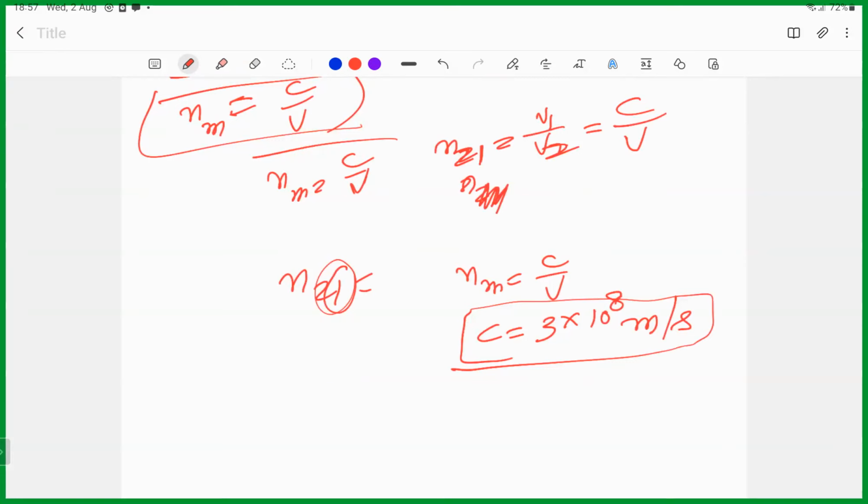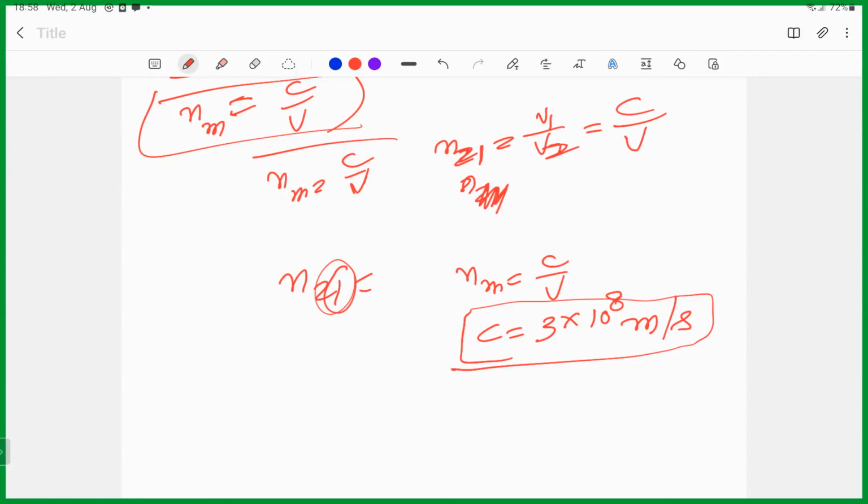C will be the maximum, right? In that case, what will the n value be? It will always be greater than or equal to 1. Yes, v is always less than or equal to c, but the refractive index will always be greater than or equal to 1.